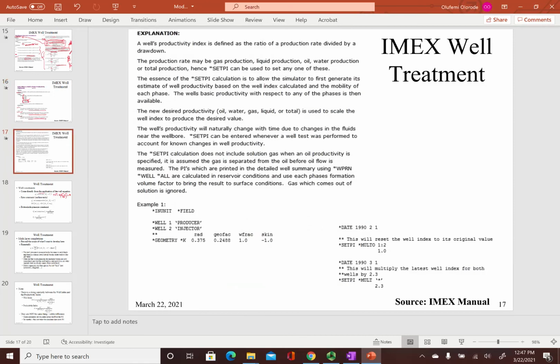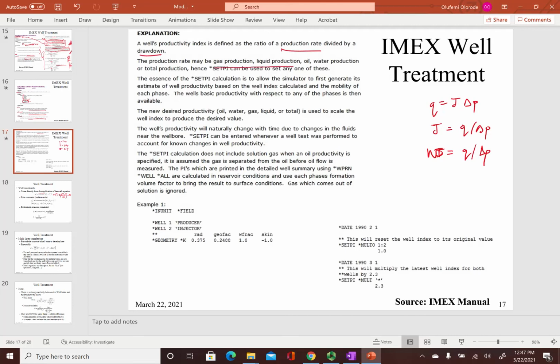More on IMX well treatment. Productivity index you already know is related to Q is J delta P, right, from production engineering. So J is Q over delta P. In the same vein, the well index or the well productivity index is the ratio of the flow rate, production rate, to the pressure drawdown, which is what you see here.